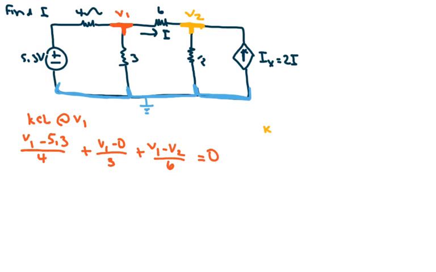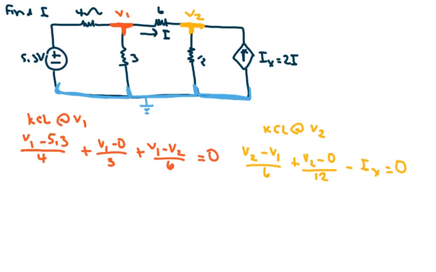Now for KCL at V2, it's going to be (V2 minus V1) over 6 plus (V2 minus 0) over 12 minus Ix, which equals 0.